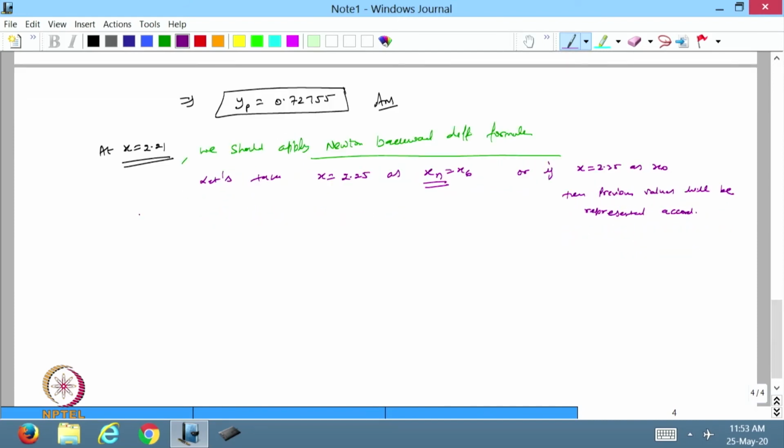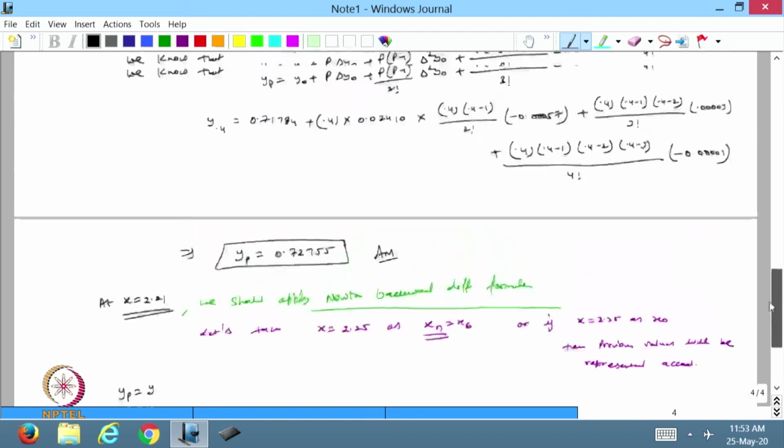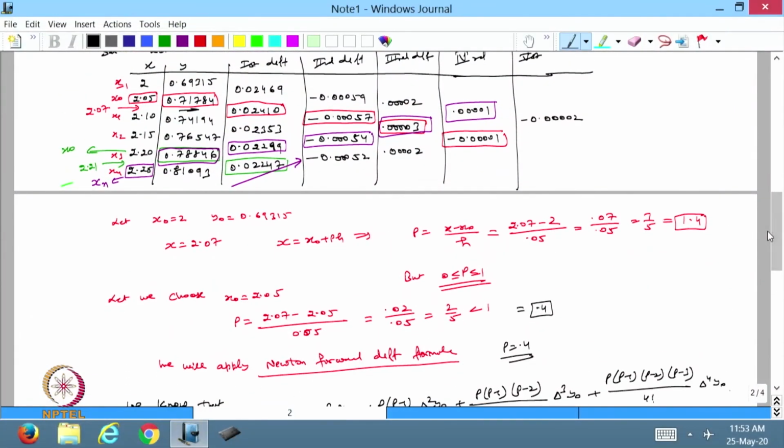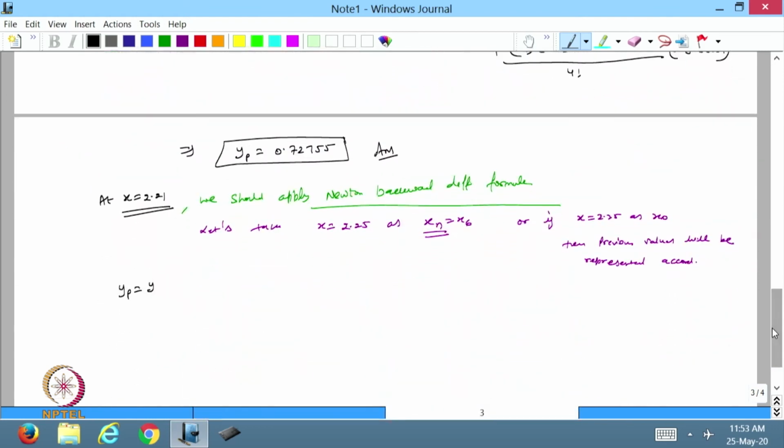In this case I know that Newton backward difference formula is yp equal to, so I call it 0, 1, 2, 3, 4, 5. So, in fact it is x5.